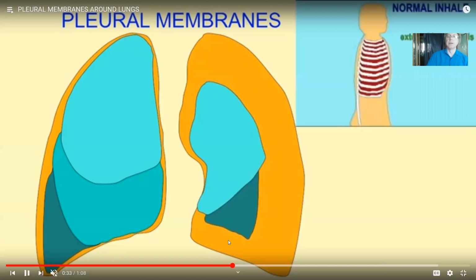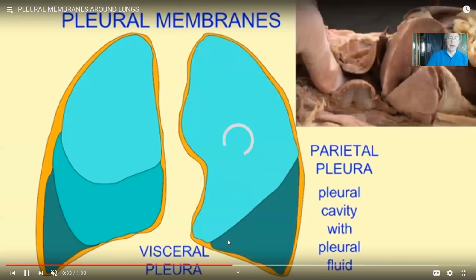There is a pleural membrane around the lungs. Here in yellow, this is lined by a parietal pleura. The surface of the lungs themselves is known as the visceral pleura. And between the two is a pleural cavity with a lubricating pleural fluid.